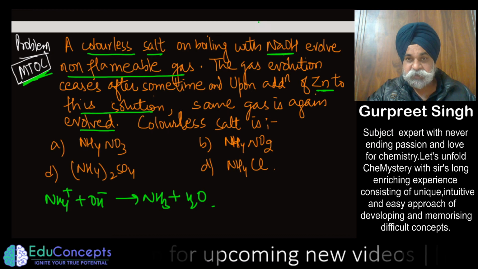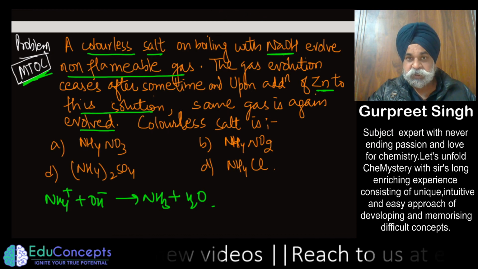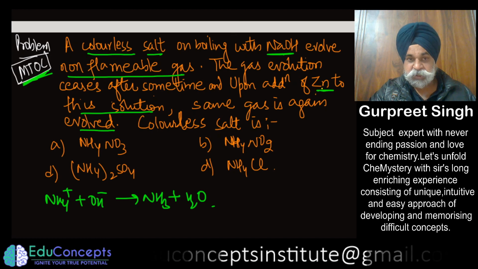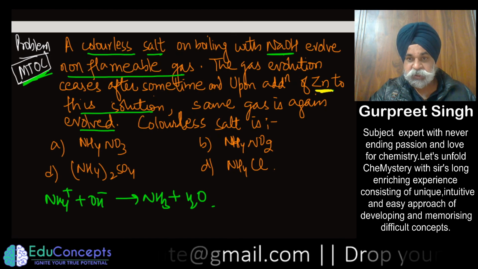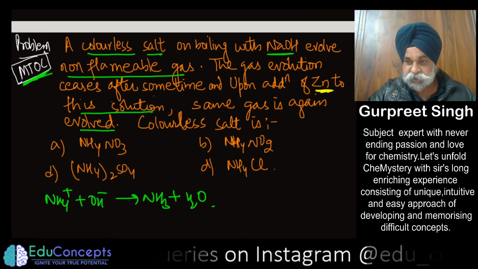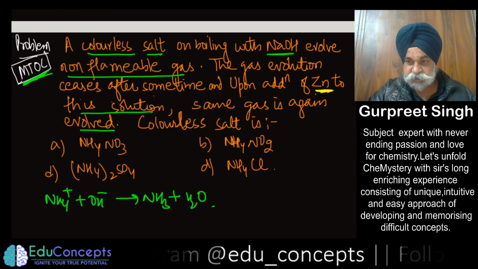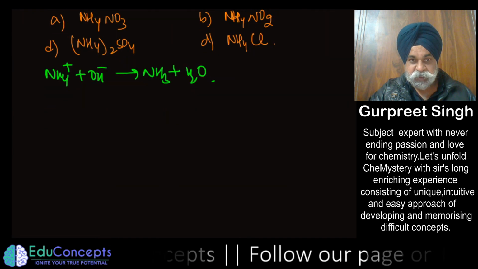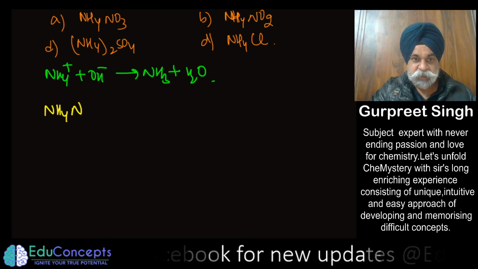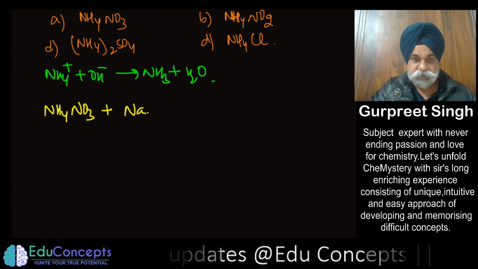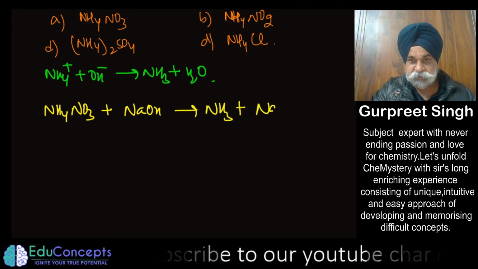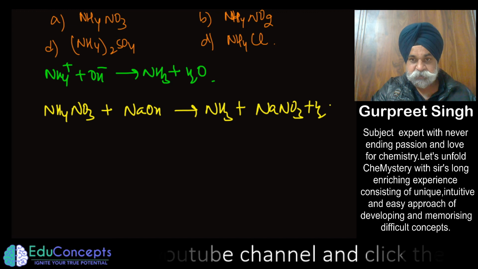Now the tip to remember in this case is how good you are at understanding the reaction, so if I write the reaction completely, just hold on for a second. Let me start with option A, ammonium nitrate when treated with NaOH: what I shall be getting is ammonia along with sodium nitrate plus water.